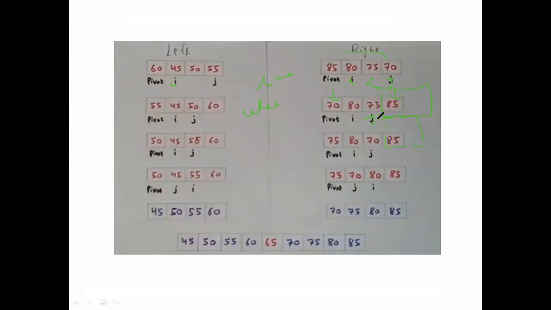Next, take the pivot element, the i value and the j value. If the i value 80 is greater than the pivot, then increment i by 1, so i comes here. Next, there are no elements. If the j value is not on the correct side of the pivot, we just stop here.